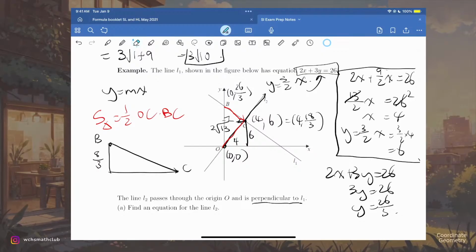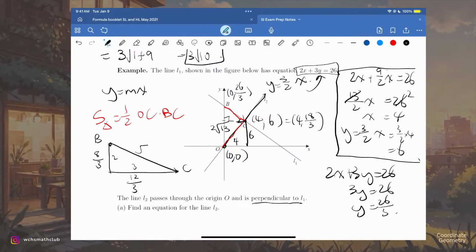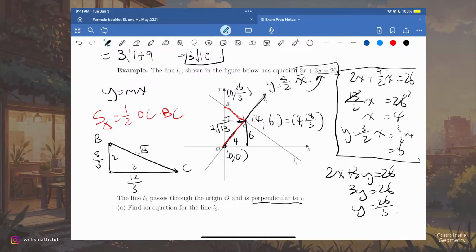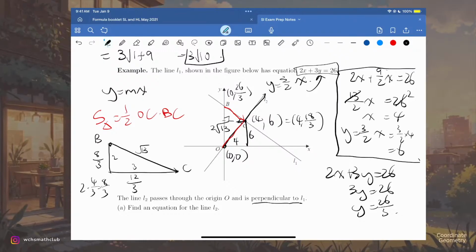So again, this is a 2, 3, root 13 triangle, but the sides are scaled by a factor of 4 over 3, because 2 times 4 over 3 equals 8 over 3, and 3 times 4 over 3 equals 12 over 3, or 4.